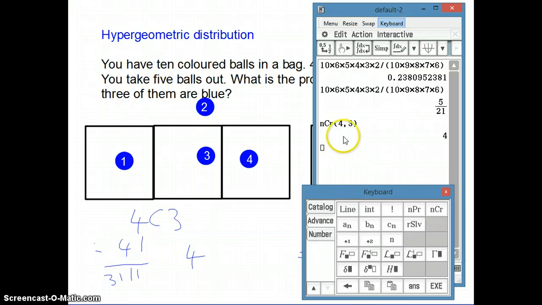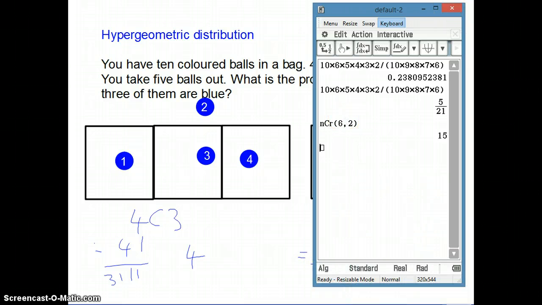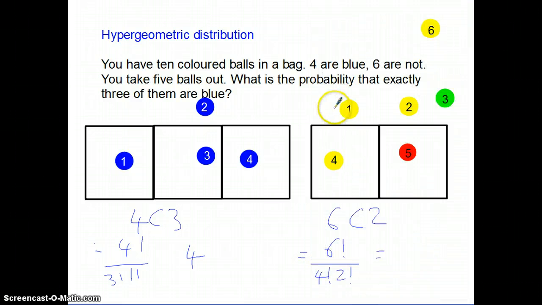And the other one we were just looking at is 6 choose 2, which is 15. So for every one of these 4, there are 15 ways. So effectively what we're doing is this times this, which is 4 times 15 ways that we can choose this in total. So 60. There are 60 total ways that we can have this.